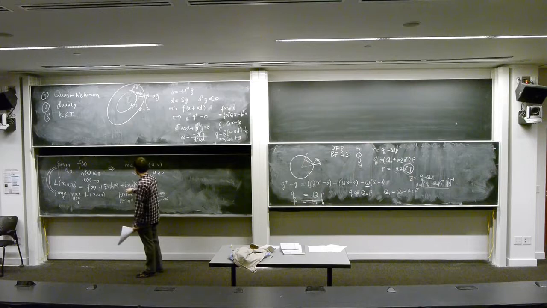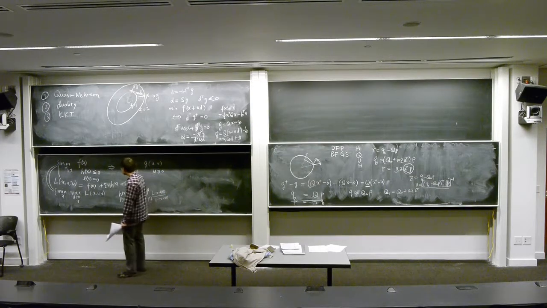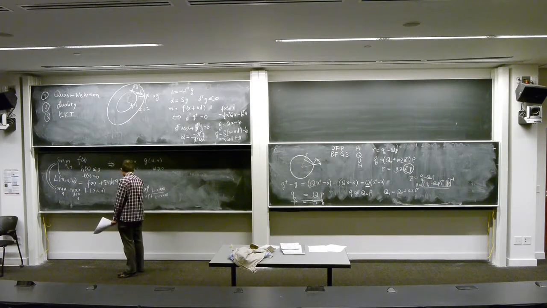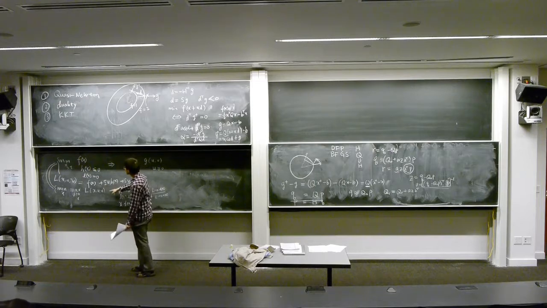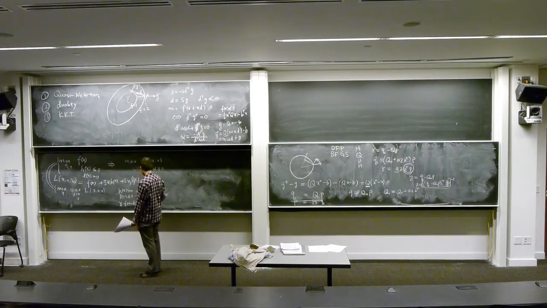And also this part, when L is 0, it doesn't matter which value you take for v, this part will always be 0. So that gives us that when x is feasible, we have the problem exactly the same as this problem.